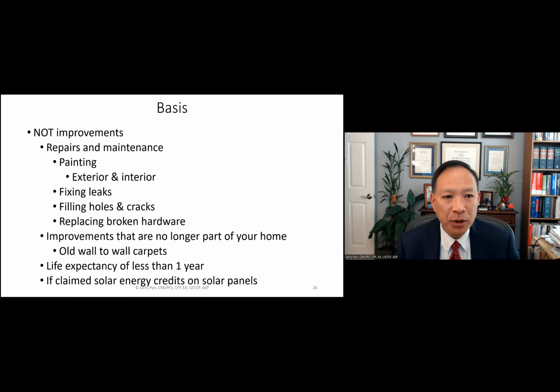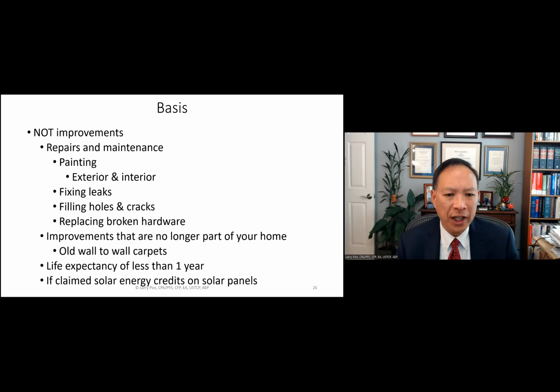Controversially, what are not improvements? Repairs and maintenance. Many tax court cases on this of what's not an improvement. Painting, by definition, is a repair. Fixing leaks, holes, replacing broken hardware. Improvements are not part of the house anymore. You don't count those. Anything of a life expectancy of less than a year.